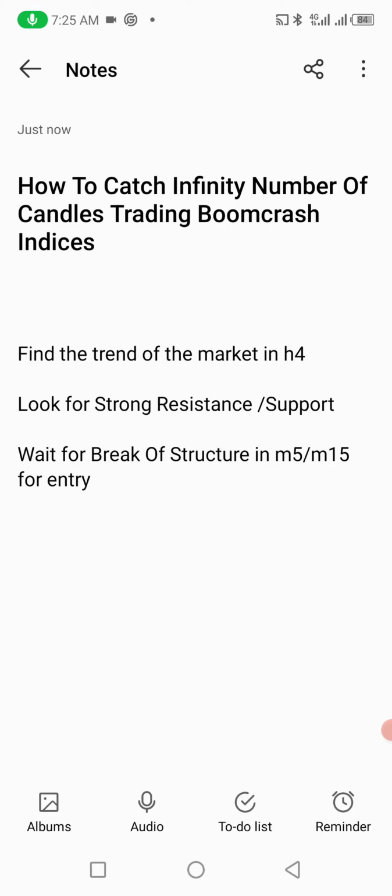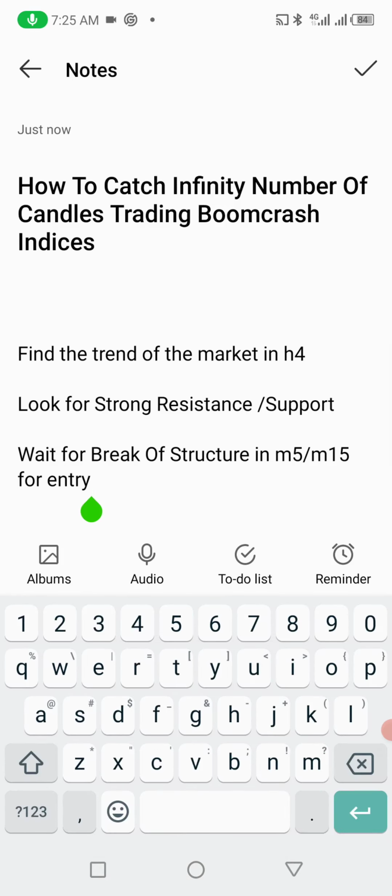Wait for break of structure in M5 or M15 for entry in the direction of the trend. So you are going to be making use of this strategy when the market is trending in the main direction of Boomcrash market.